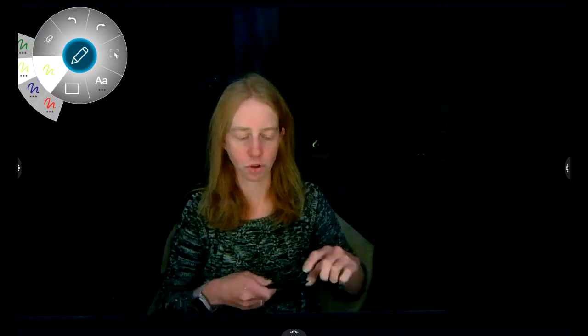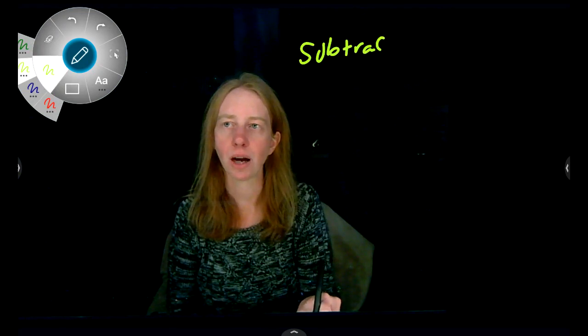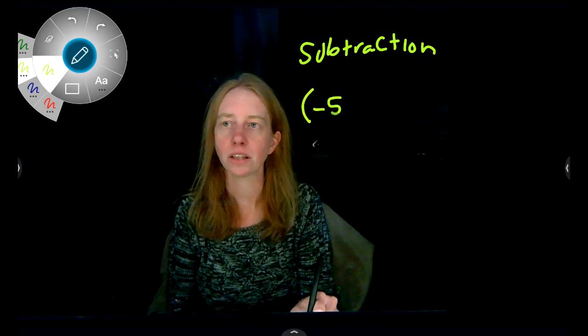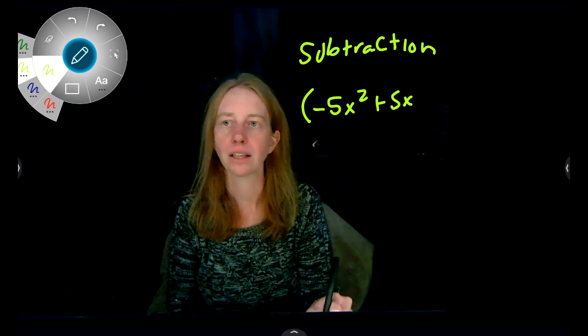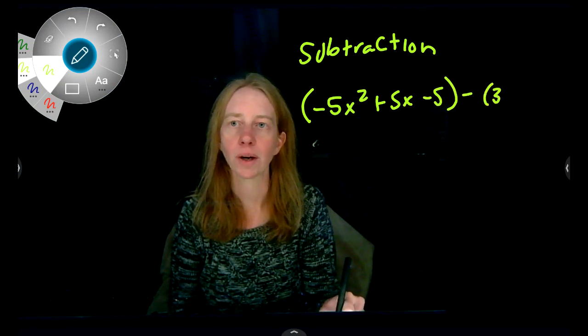So if we had a subtraction problem, okay, this is what that could look like. So subtraction, the big thing is that when you have a subtraction problem, you're often going to end up with these parentheses. So here's an example: negative 5x squared plus 5x minus 5, minus the quantity 3x squared plus x.